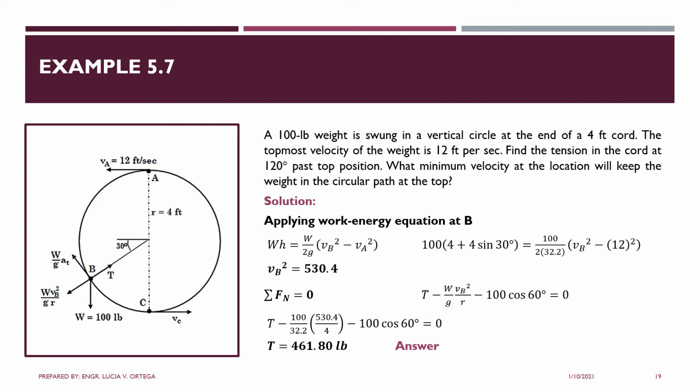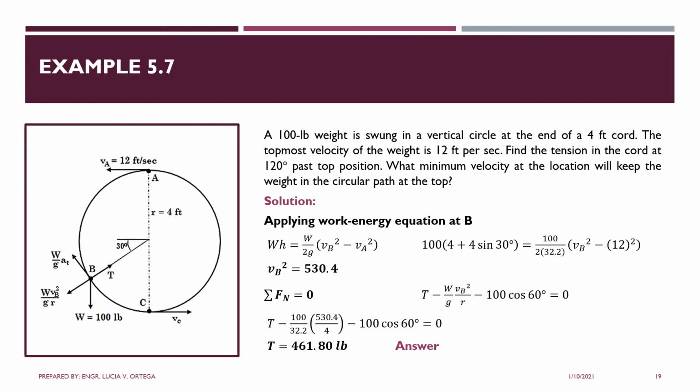So what is the vertical component of this radius? 4 sine 30 degrees. You can use this one angle, or you can use cosine 60 degrees. 4 sine 30 degrees is the vertical component of distance, plus the radius 4 feet, is equal to the change in kinetic energy. So from that, you can solve for V sub B squared.